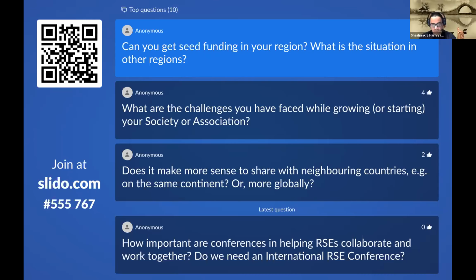Okay, so to summarize, basically, I believe the most direct way of getting your seed funding could be getting it from an agency if you are lucky, in the sense that your funding agency is providing some kind of RSE fellowship or is trying to establish some kind of RSE group in the first place.